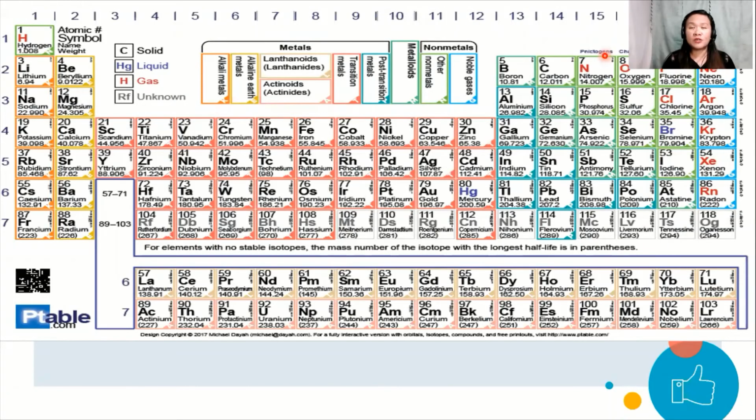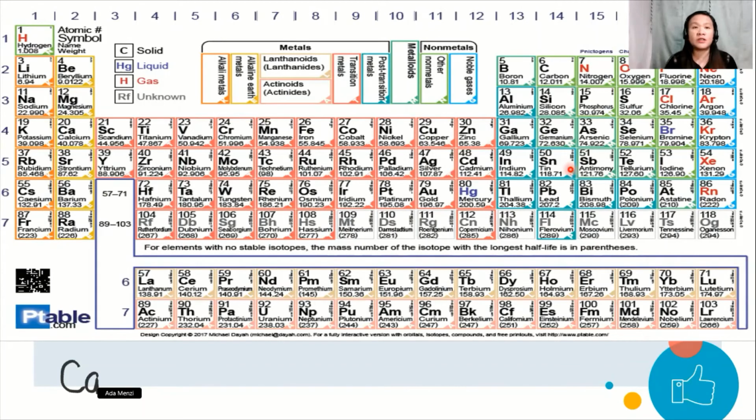Now let's try to get the shorthand configuration of different elements. We will be using again our periodic table. So we need to get our periodic table in order for us to solve for their different electron configurations. Let's try first to get the electron configuration of, for example, calcium. Okay, let's write calcium.